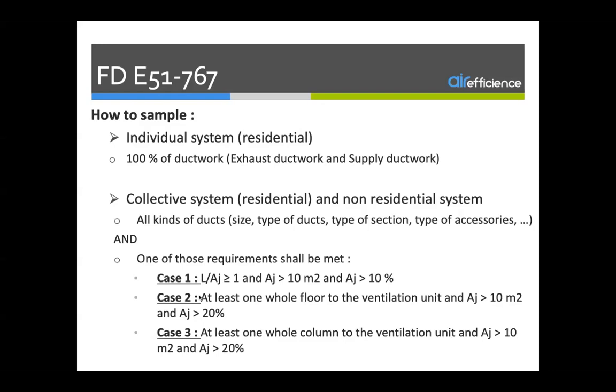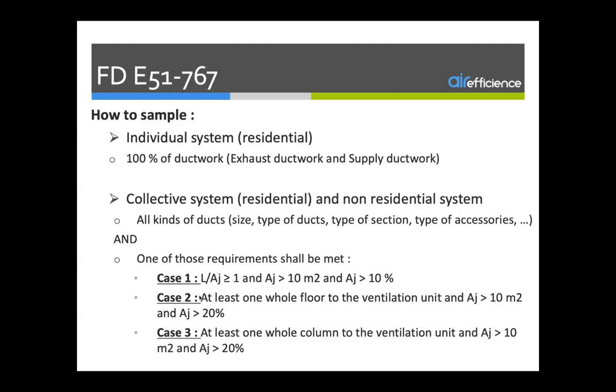Case 2, usually for non-residential system, at least one wall floor to the ventilation unit, and the surface area higher than 10 square meter, and higher than 20% of the total area of the system.